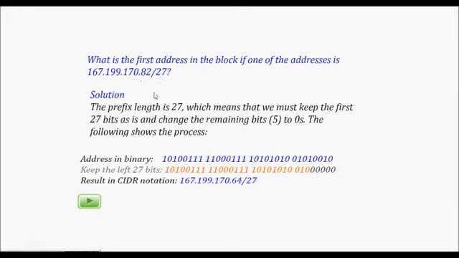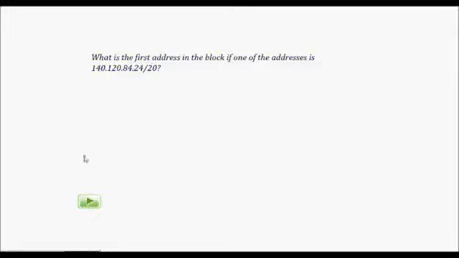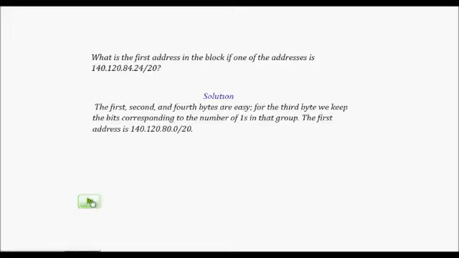The first address of the subnetwork is the network address also. What is the first address in the block if one of the addresses is this? Now the prefix is 20 bits. So you find the binary representation of this and then make the last 12 bits 0, and keep the rest of the bits.